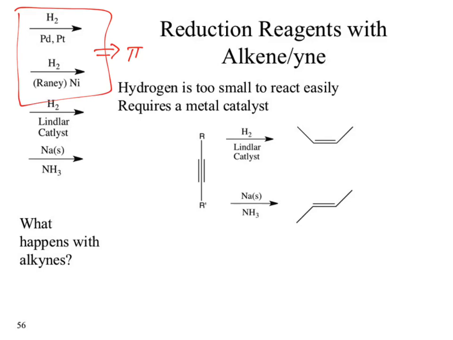Stuck on opposite sides? No, the same side. Syn addition is the exact same thing as saying they're on the same side. It can't get away. It's so small, so unstable. The leaving group is unstable. So it fits the classification that the hydrogens have to be added on the same side.